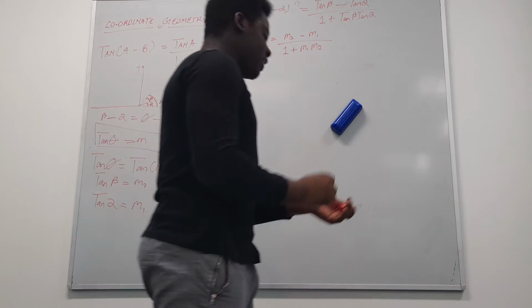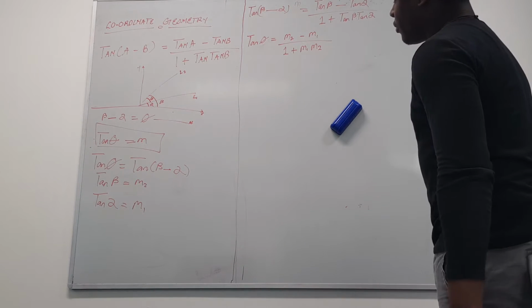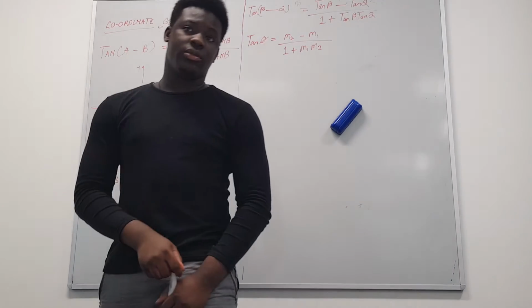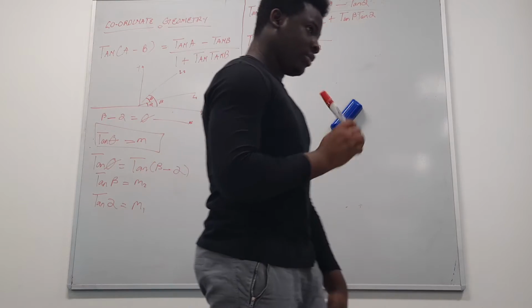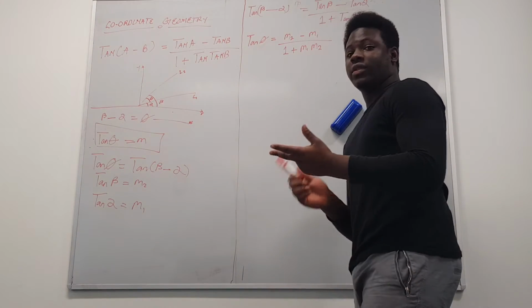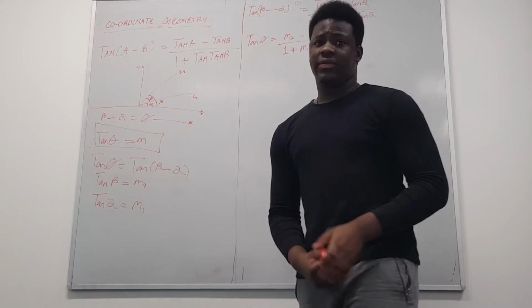I'm telling you that the angle between two lines is a function of their slopes. Listen carefully. The angle between two lines is a function of the slopes. It's more or less me telling you y is a function of x.